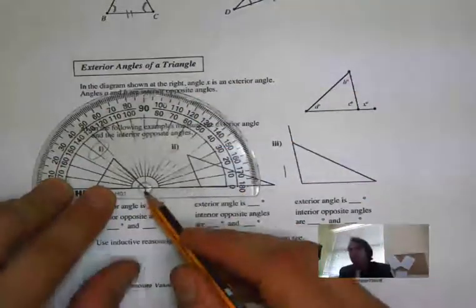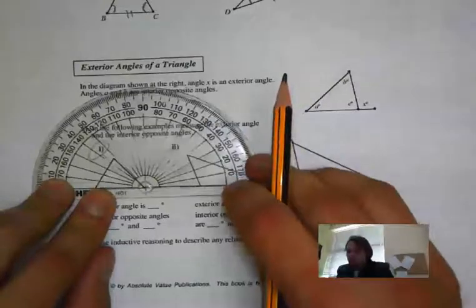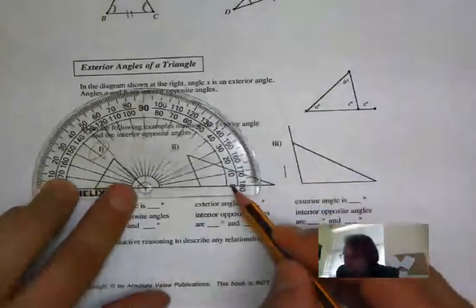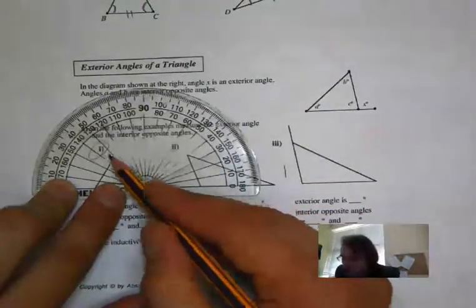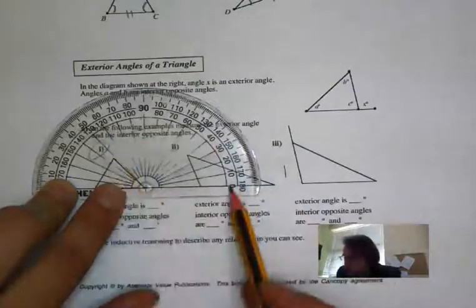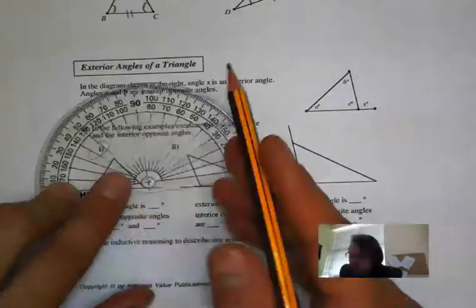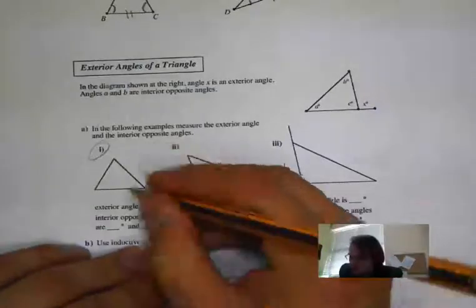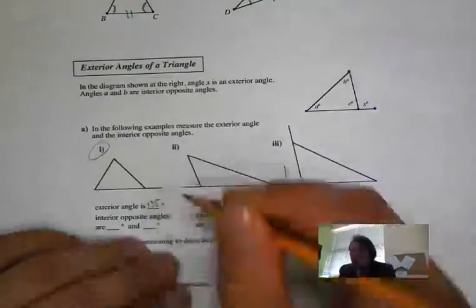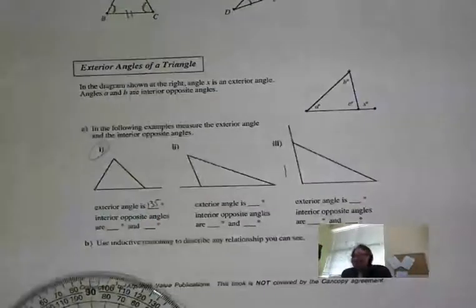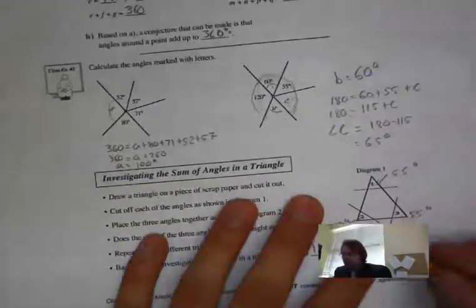This is an obtuse angle. We go 0 all the way, and it's between, 0's on the inside, 130 and 140, so I'm going to say 135. So it's 135.